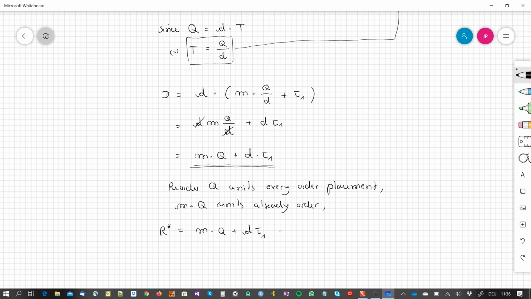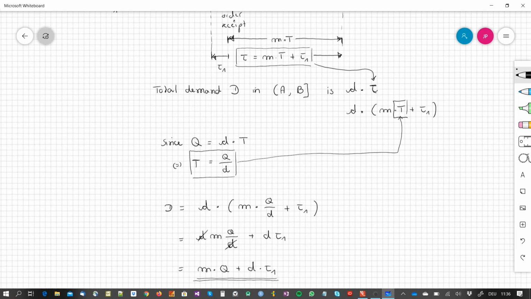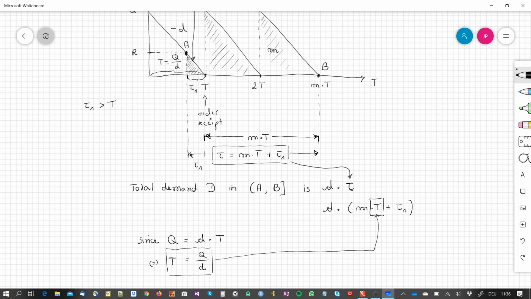And we know we have already ordered the MQ units, and that means that the optimal reorder point with positive lead times is our demand rate multiplied by the positive order lead time. And that should make perfectly good sense, because we need to order exactly that fraction of our demand rate for our positive lead time in advance before our inventory drops to 0.